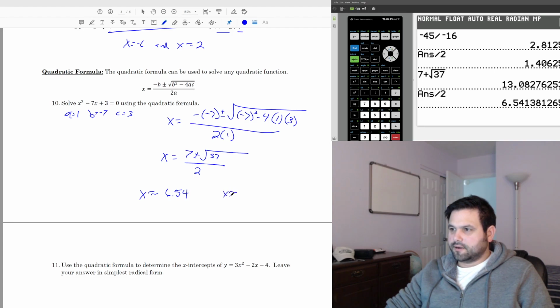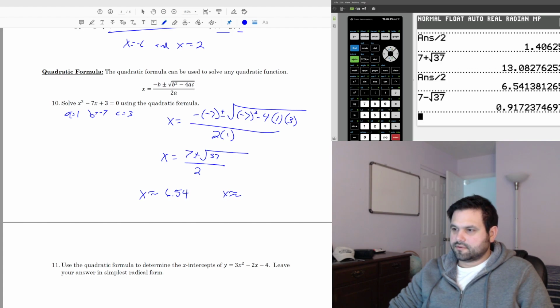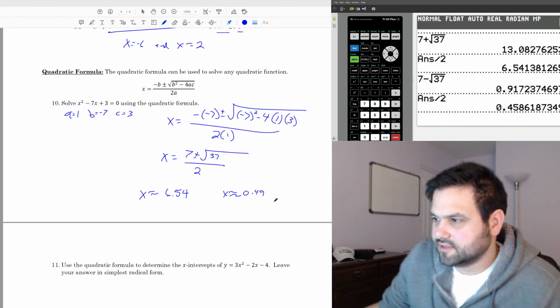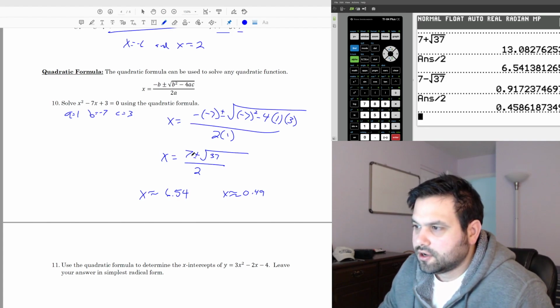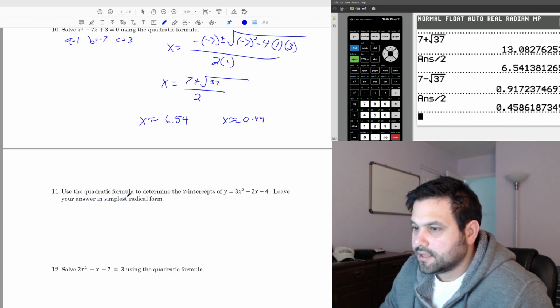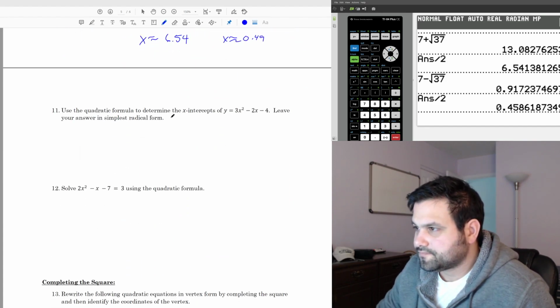Or x is about 7 minus the square root of 37 divided by 2, about 0.49. Okay, and so that would be the decimal approximations, or we just leave it in simplest radical form, like number 11 asks us to do.